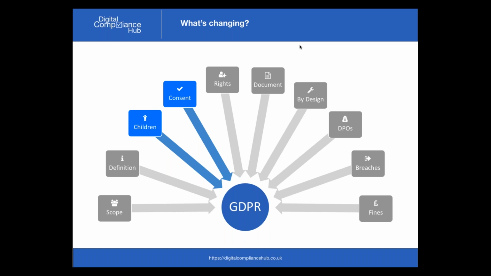The by design element of this, the Data Protection Act doesn't talk about it, but there's best practice in terms of privacy impact assessments from the Information Commissioner, which is now encoded in the General Data Protection Regulation relating to data protection by design.